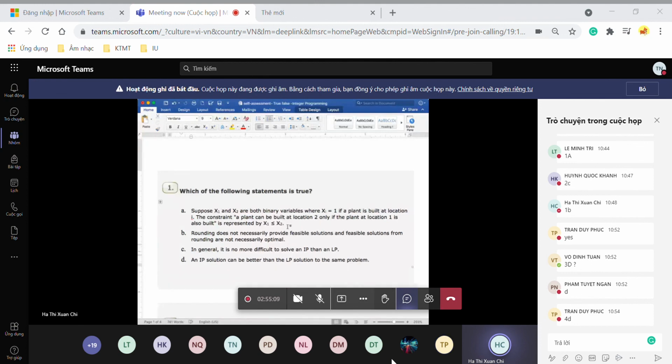This y here is 0 or 1, must be 1. So let's just try like this. If x1, I think this is correct: x1 greater than x2.